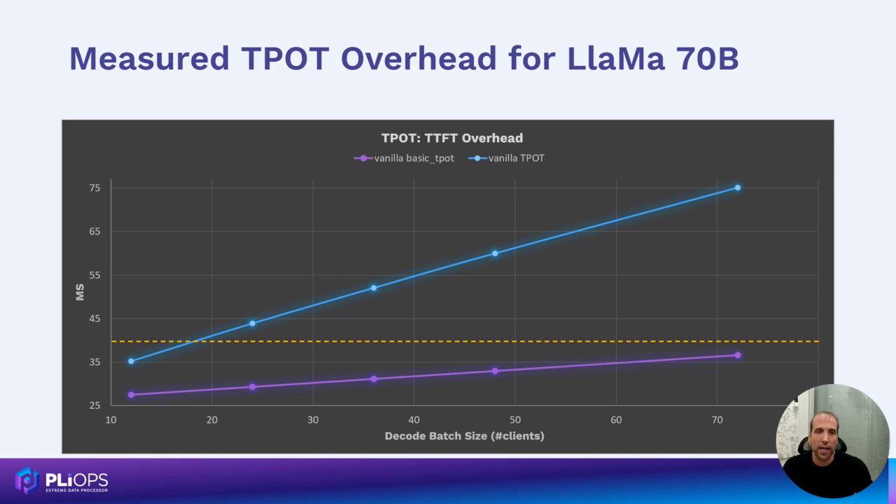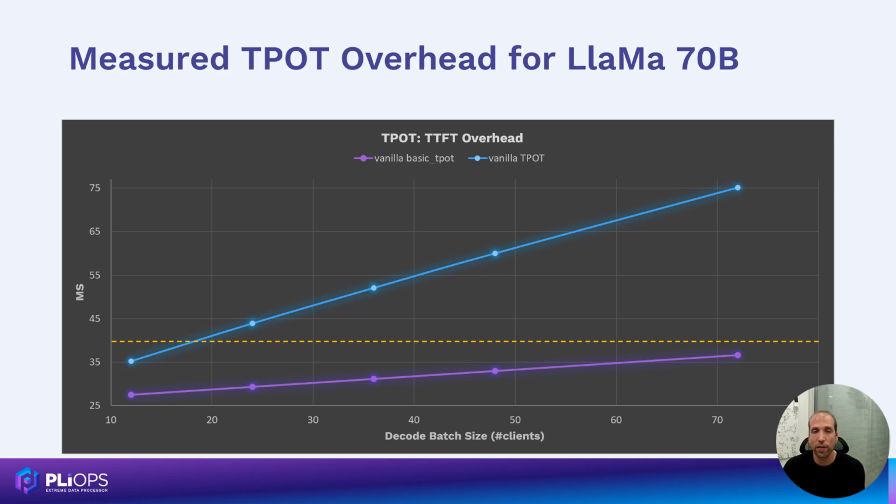And the y-axis is the TPOT, the time per output token. The purple line here is the TPOT where there are no concurrent prefill operations. This one captures the inevitable term that I mentioned before.